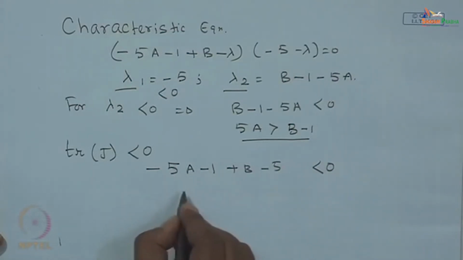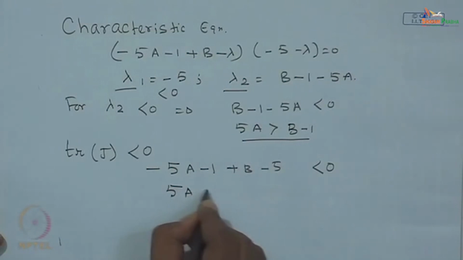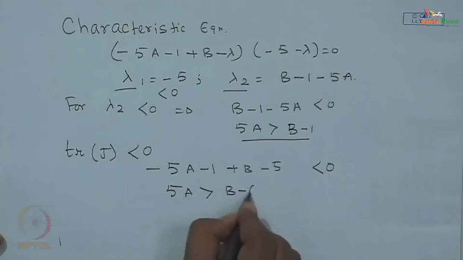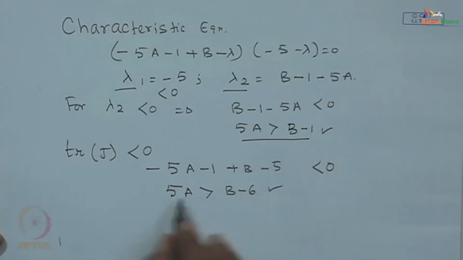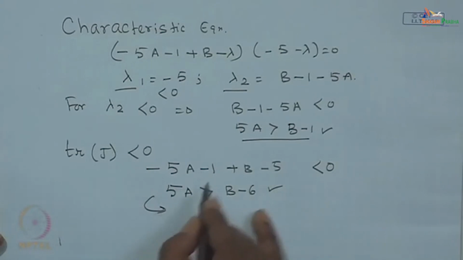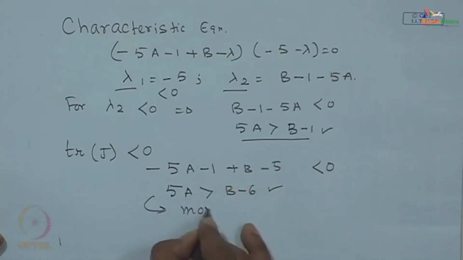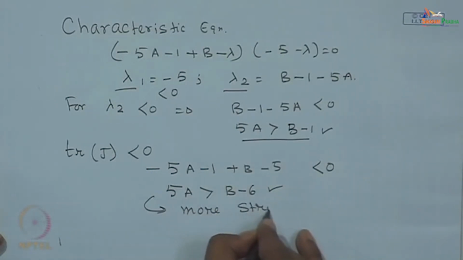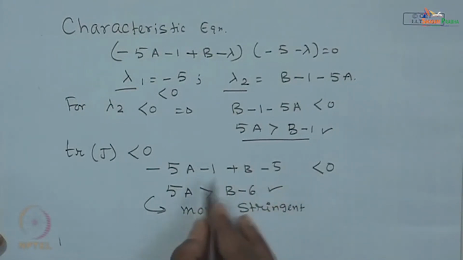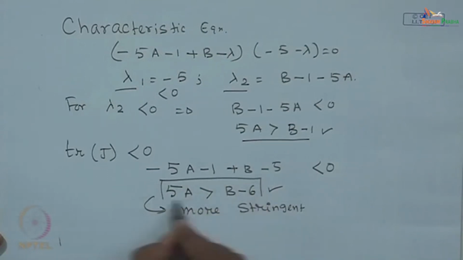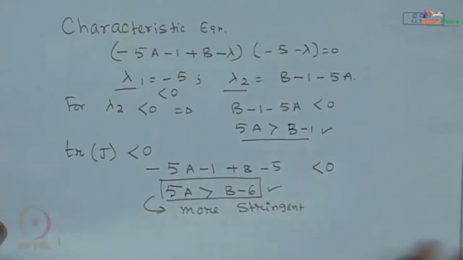So, with this we will be getting 5a should be greater than b minus 6. In fact, between these two conditions, 5a greater than b minus 6 is the more stringent condition. So, therefore, we can consider this so that the trace becomes less than 0.